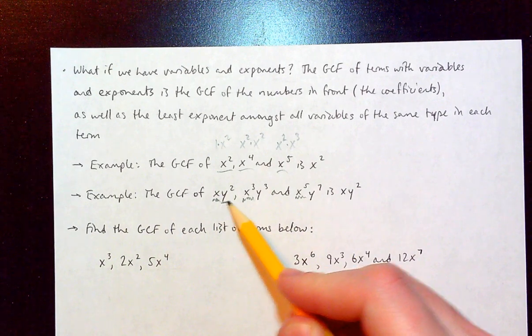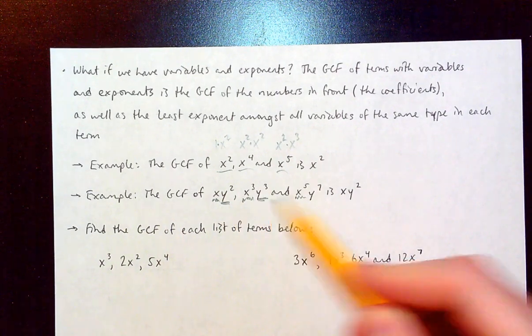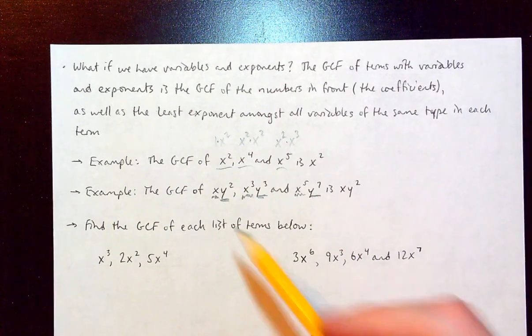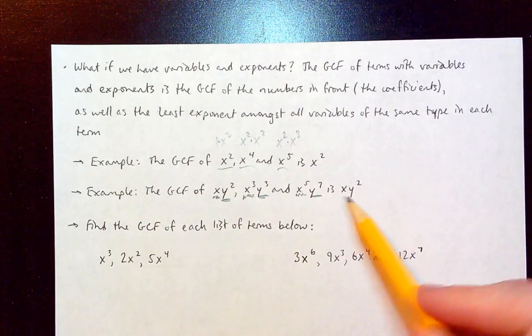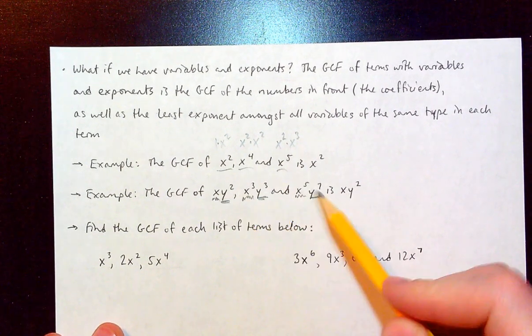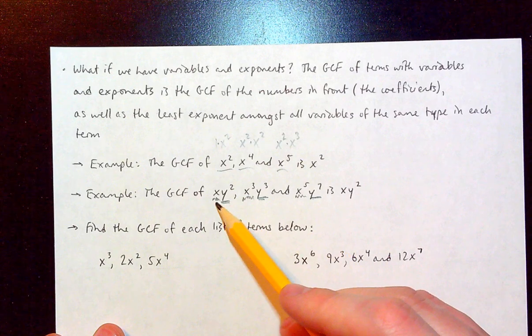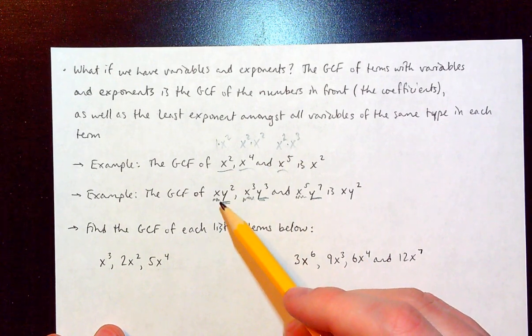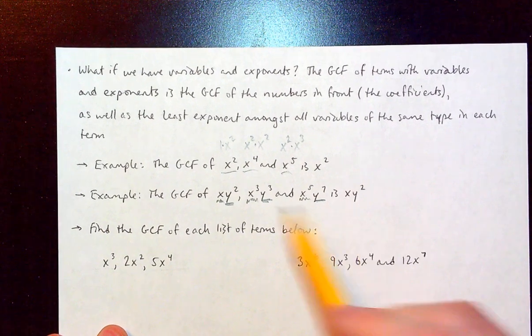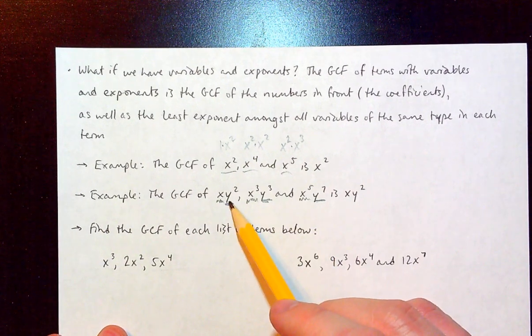Now looking at the y squared, the y cubed, and the y to the seventh. Again, we're going to have the variable y showing up in our GCF because it is in all three terms, like it happened with the x's. We had x's in all three terms, so the x will show up in the GCF. Same kind of thing with the y's.